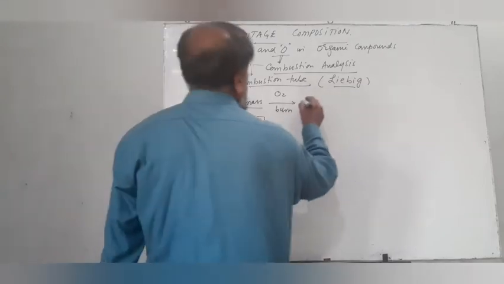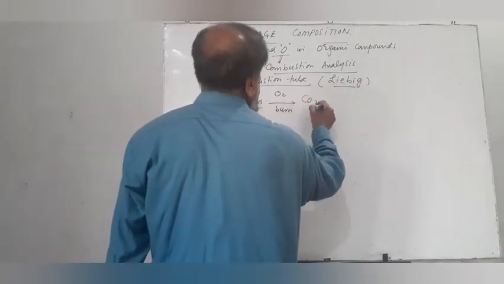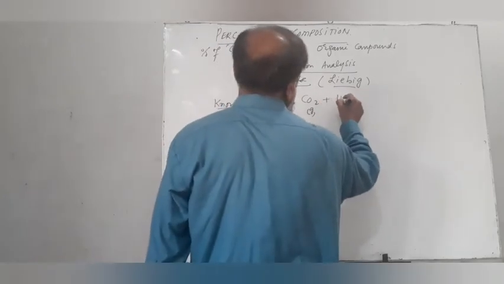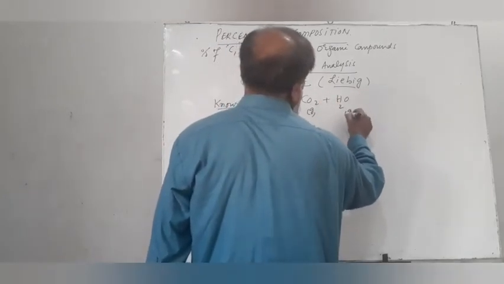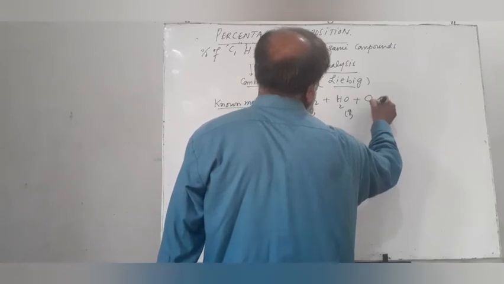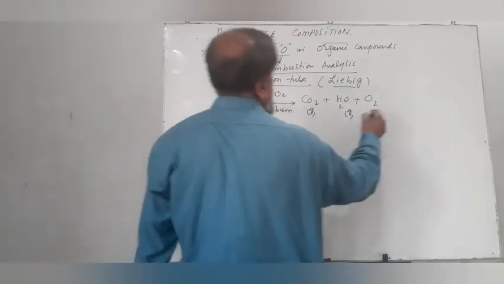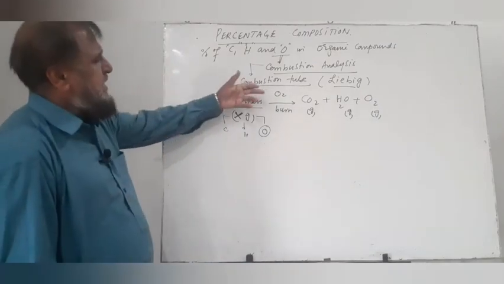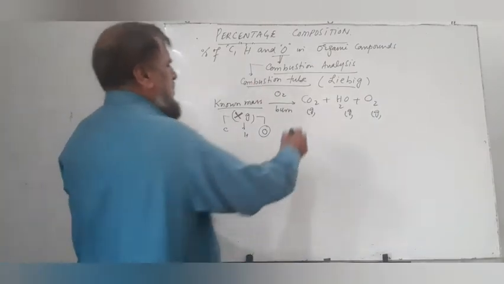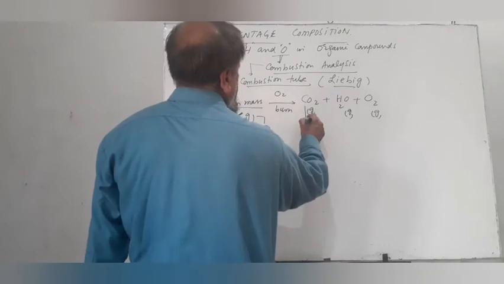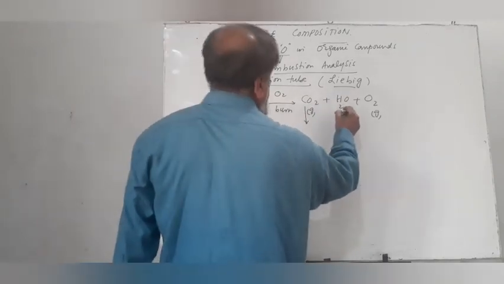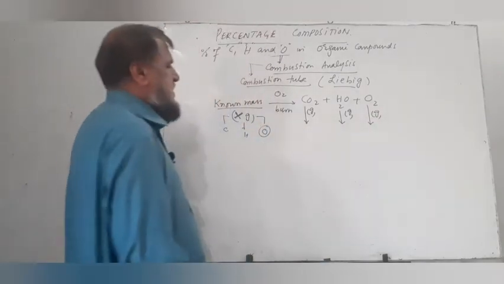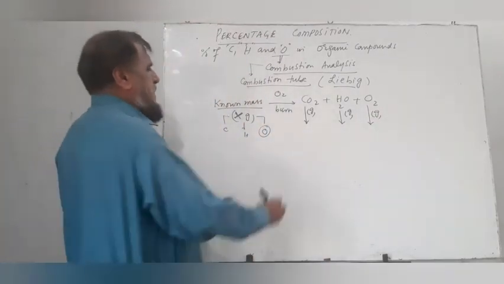The compound, a known mass X gram, is burnt with oxygen so that carbon of the compound is converted into carbon dioxide gas, hydrogen is converted into water in the form of vapors, and the unreacted oxygen which is obtained from the compound and the excess oxygen left from burning comes out. Carbon dioxide, water vapors and oxygen gas come out of the combustion tube.